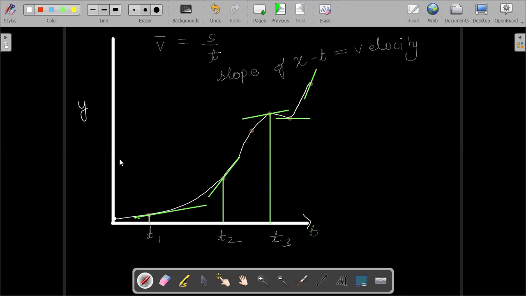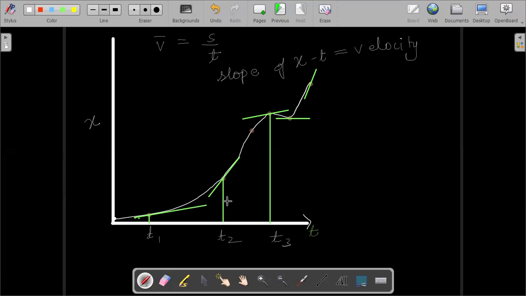Got it? So just changing the variable here, it was y, I'm making it x, so that now we can easily recognize that it is a position time graph, and in a position time graph, the slope of the graph represents the velocity, right? So if I want to find out the instantaneous velocity, I will be finding the slope of this tangent at t1.